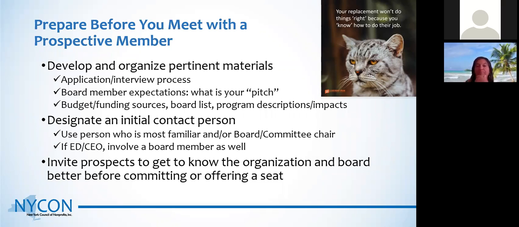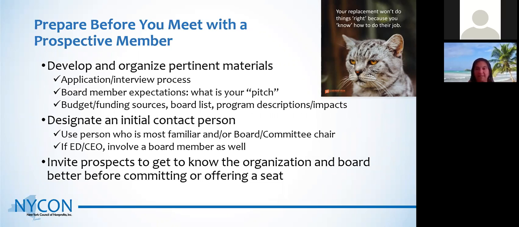If it's the executive director, how can that executive director connect the prospective board member to a current board member for discussions? And if candidates haven't been involved, invite them to get to know the organization. Make sure that they have gone on a tour, or give them a special tour of what's going on.